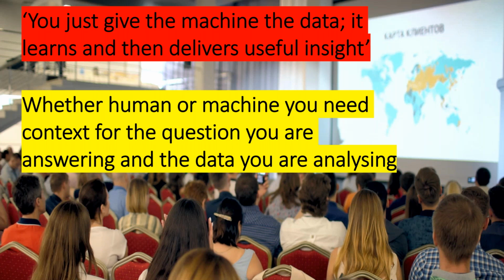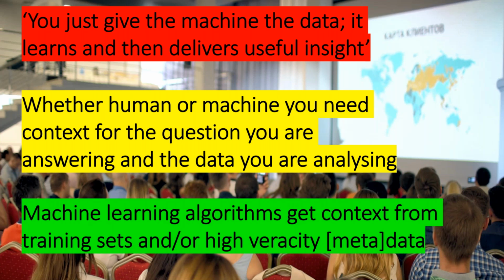And context is important. Context, in the sense of machine learning, is delivered by training sets and, here is another thing, high veracity metadata. We're going to look a little later at training sets in this webinar, but you can't just give the machine the data and have it learn and then deliver useful insight.